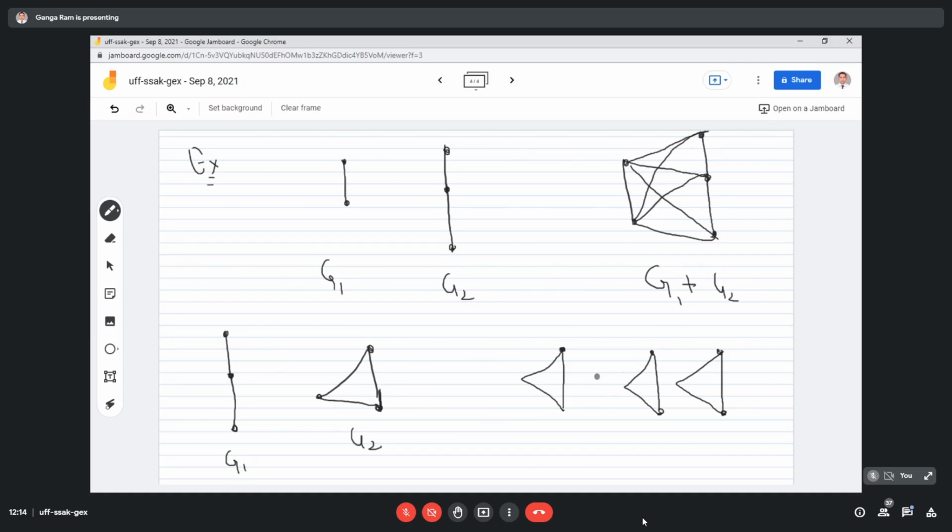So this vertex and this vertex will be adjacent, and again this vertex and this vertex will be adjacent. So this is G1 cross G2.